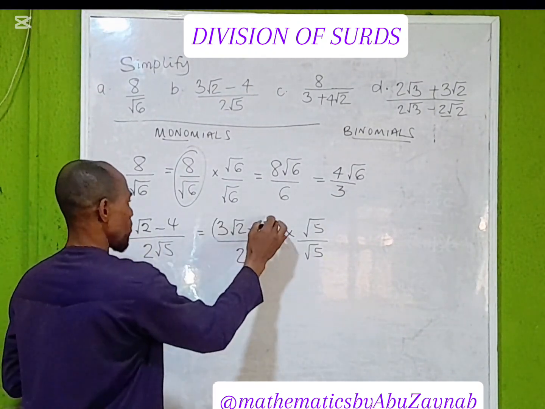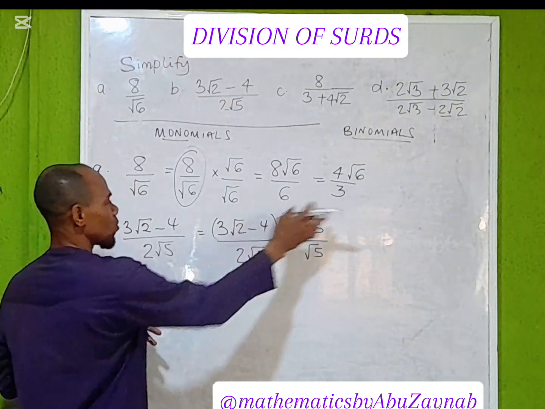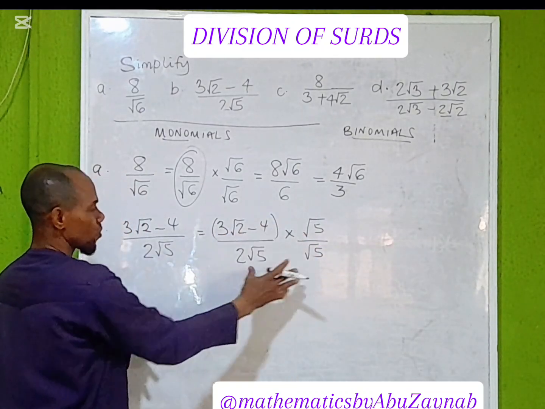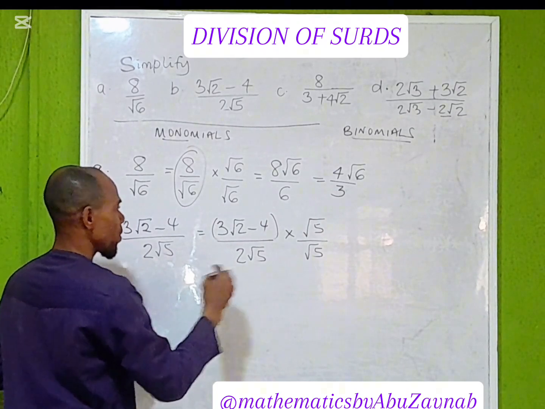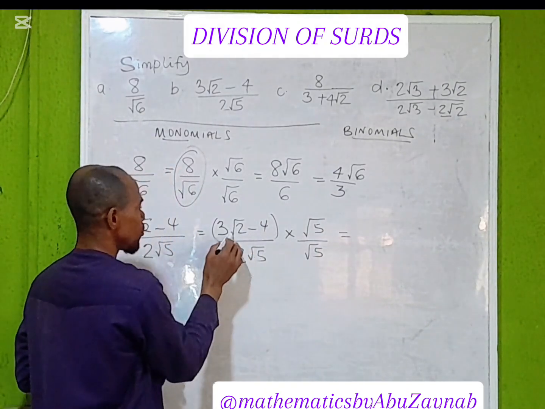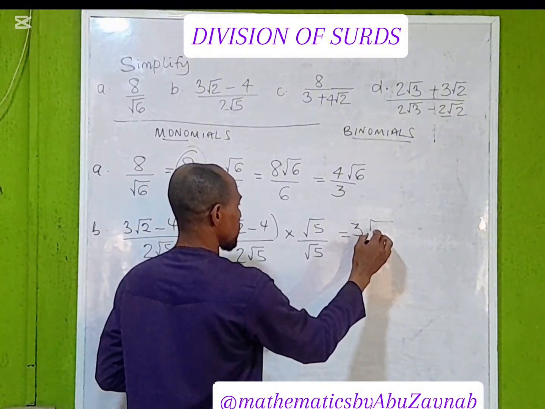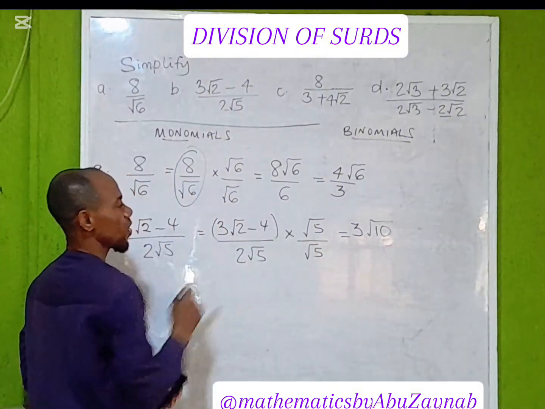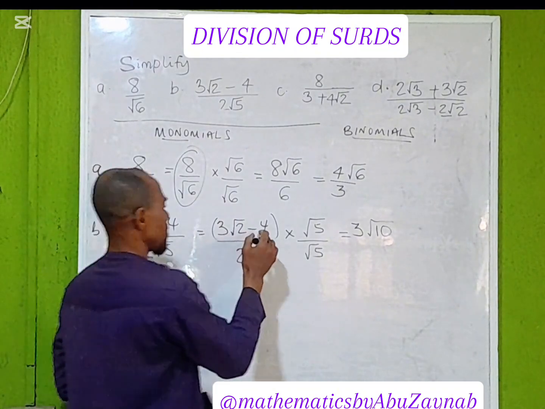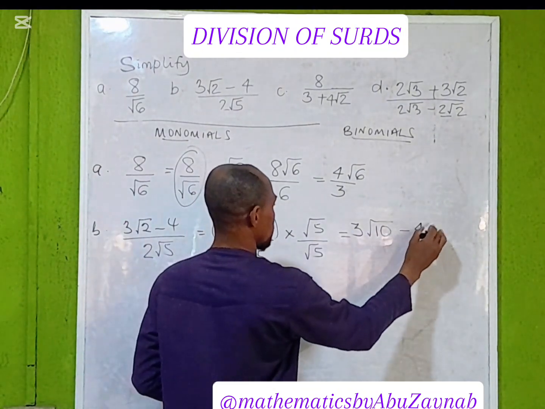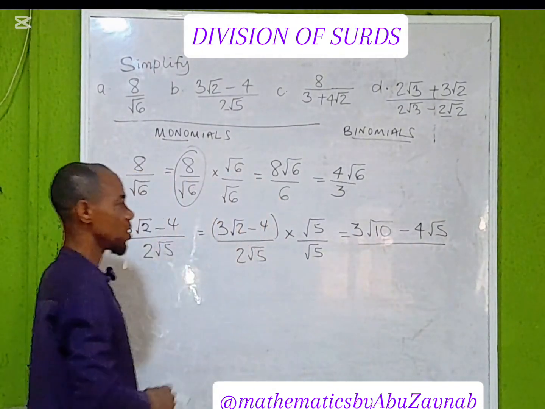So, in this case, we're going to expand the numerator because we have a bracket and multiply the denominator. So here we have 3 root 2 times root 5. Remember the laws of Surds, that's root 2 times root 5 is root 10. Then minus 4 times root 5 is minus 4 root 5. And that's the numerator.